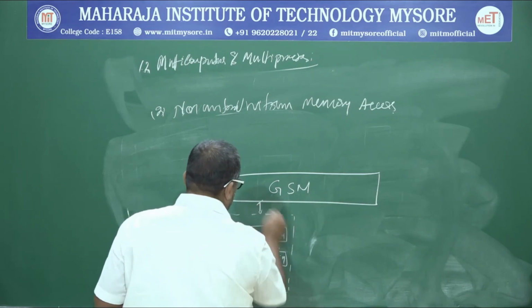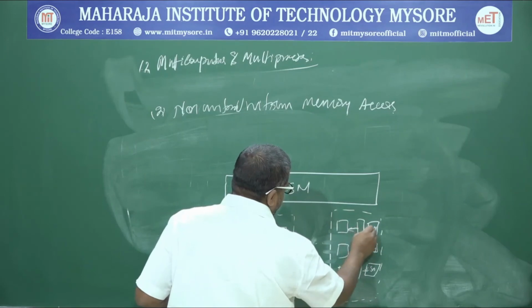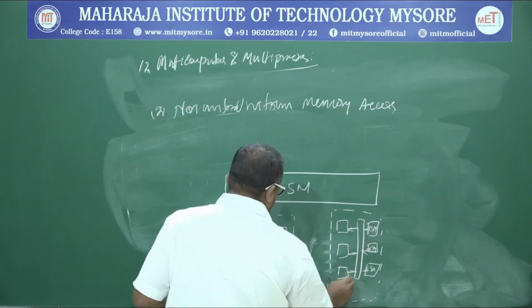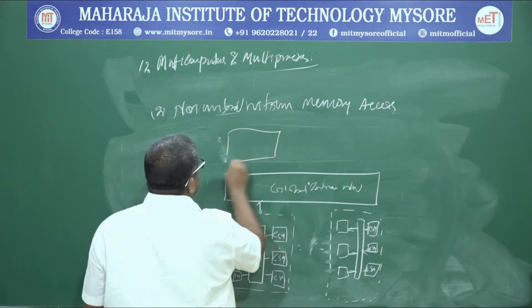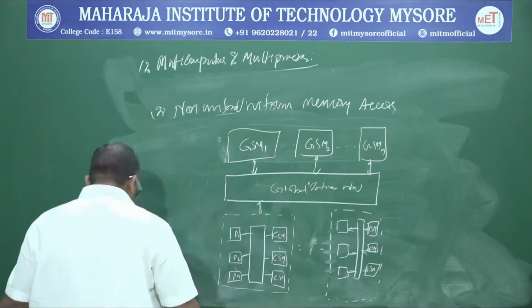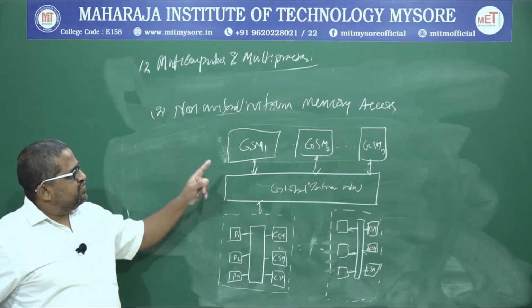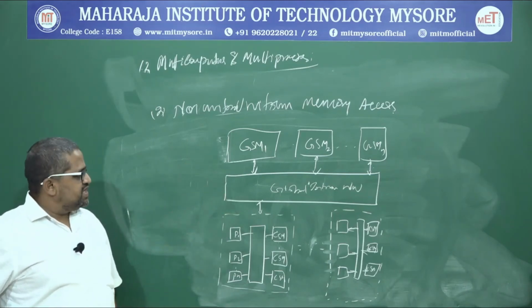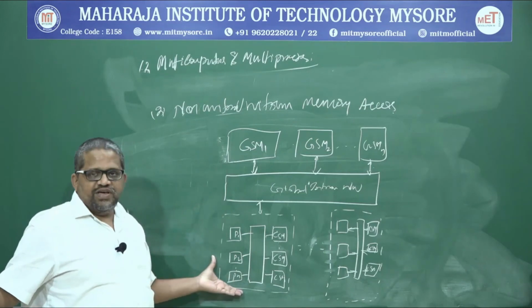You have got one cluster, likewise you have got N clusters. This is a non-uniform memory access method, right. You have a globally interconnected network and you have a cluster.